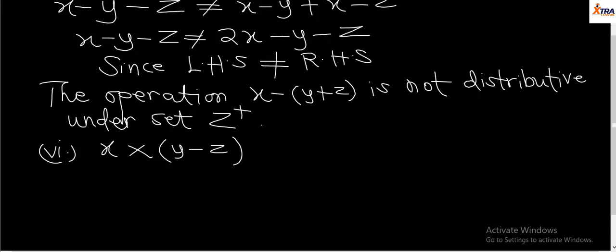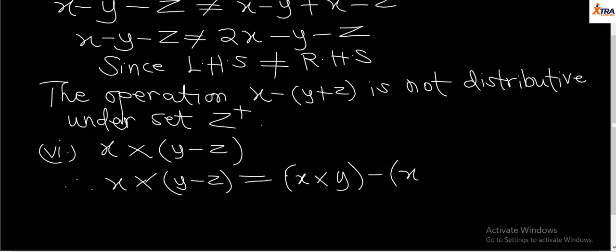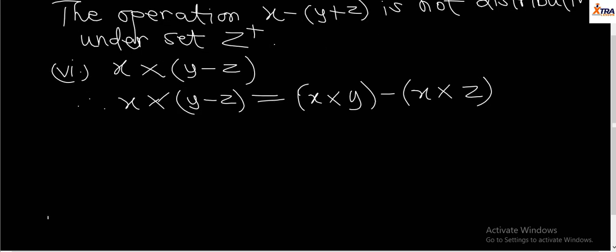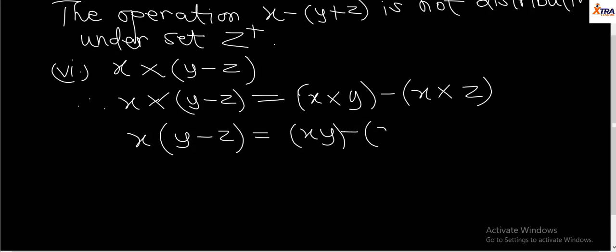So we know for distributivity, this will become x times y minus z equals to x times y minus x times z. And we know this then will become x into brackets y minus z, and this one will be xy minus xz. This will be xy minus xz equals to xy minus xz.